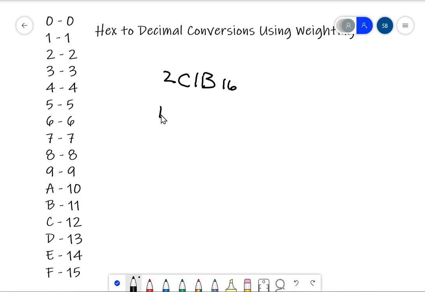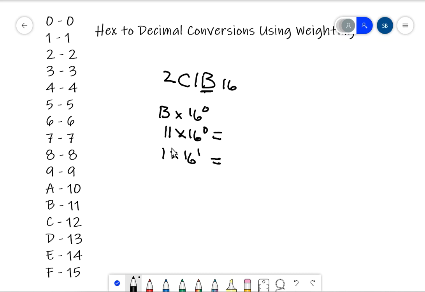So once again, B times 16 to the 0. I better rewrite that, because B times anything is not a good concept. So that's my first digit equivalent. The next one is going to be 1 times 16 to the 1. I don't have to do any conversion there.